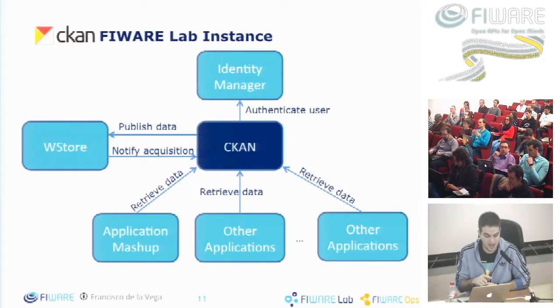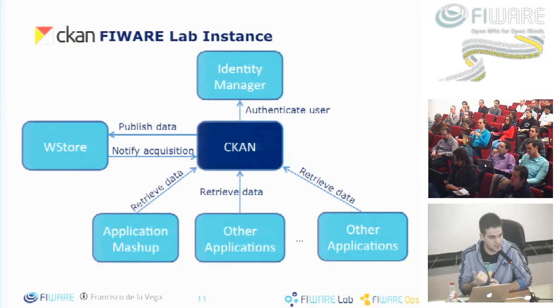Then CKAN, with the extension, publishes offerings in the store that contain the dataset, and the store is in charge of notifying CKAN every time a user acquires a dataset, just to inform CKAN that this user can access this dataset. And then the rest of the generic enablers and applications can access the CKAN portal to retrieve the data.